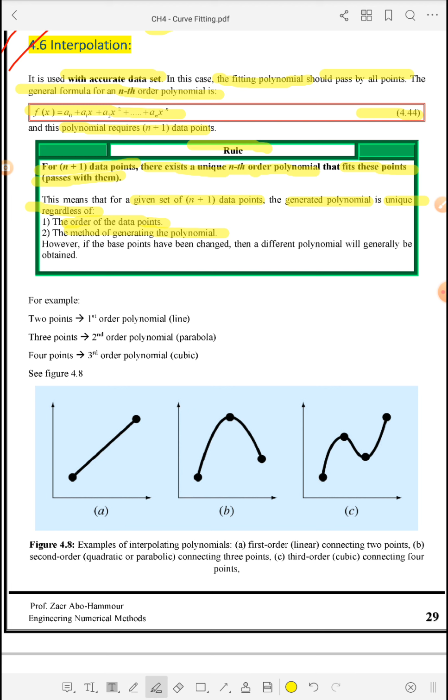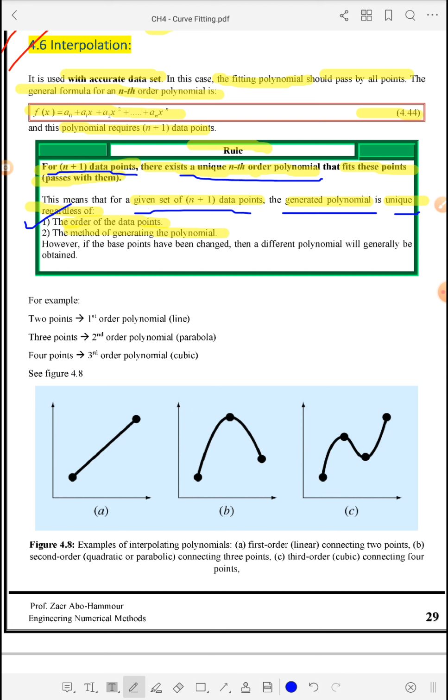So again, if we have n plus 1 data points, there is a unique nth order polynomial. The generated polynomial will be of order n, and this polynomial should be unique, regardless of two major facts. The first one is the order of the data points.